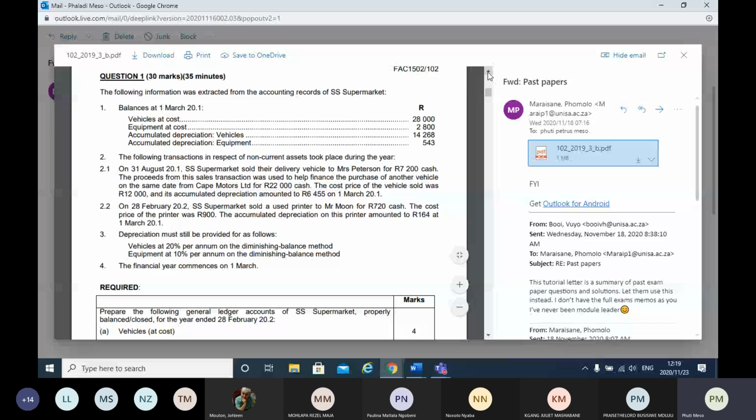But what we know is it's a deductible amount to get the carrying amount. It doesn't have a clear principle as to why it is on the debit side or why it is on the credit side. But what you know is it's a reduction in value towards the cost of the vehicle. You know that when you buy an asset, the vehicles and all, it depreciates, right? That's the whole reason behind that.